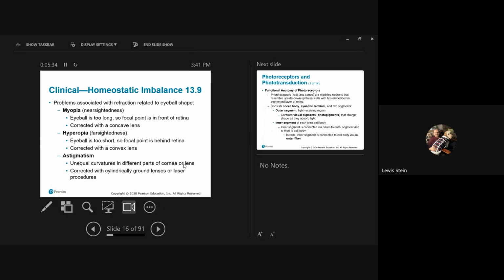A laser is a very sophisticated cutting knife that can make very exact cuts. They do that to try to change the curvature of your eyeball. The beauty of it is, if it works, you don't have to have glasses at all. You can go back and buy whatever sunglasses you want, rather than me, I get these ones when I go out, the transitions.